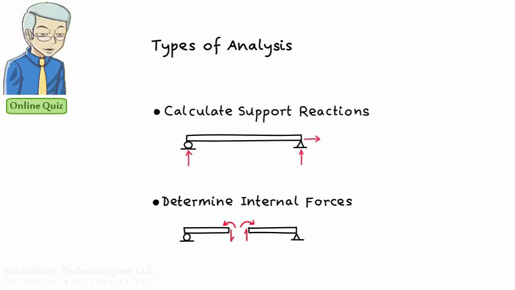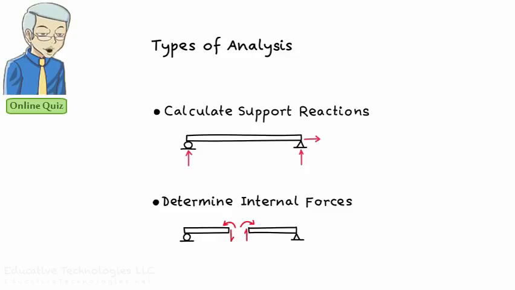For calculating support reactions, we can replace the distributed load with a concentrated load before formulating the equilibrium equations. For determining the internal shear and moment forces, however, we should not replace the distributed load with its equivalent concentrated load. If we do, less than accurate results will be obtained. So let's examine each type of calculation separately.